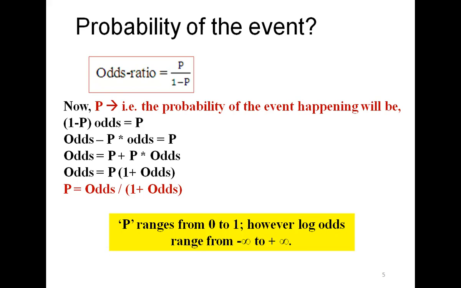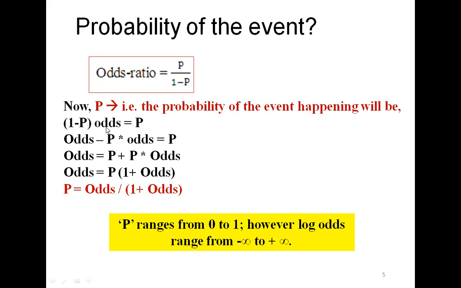Now, we are interested in finding P. So how to get this P? The probability of the event happening, P, we can get by taking this 1 minus P to the odds ratio side. So 1 minus P into odds is equal to P, right? Then we can expand this.